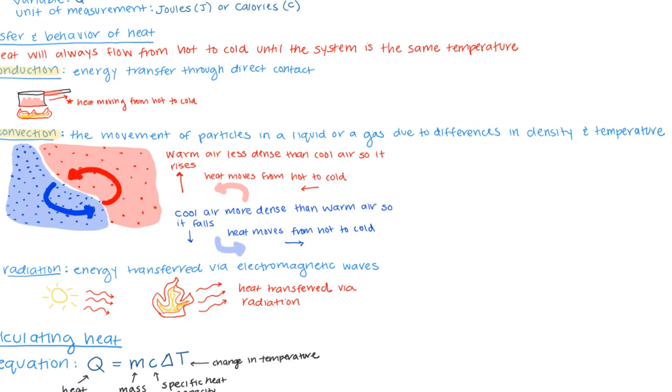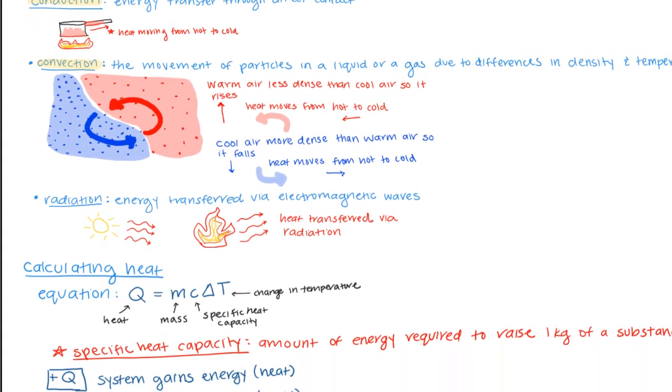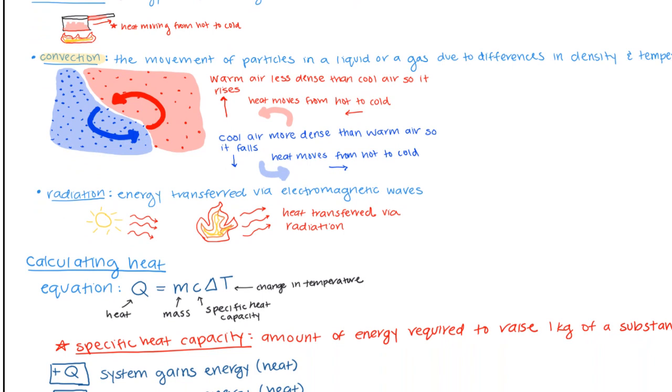So if you've ever studied something about the weather, we know that warm air rises. It tends to rise because it is less dense than cool air. So the heat is actually moved. And again, warm air rises because it's less dense, and we also know that heat moves from hot to cold. So we get this circular red arrow moving up and to the left in our convection current.